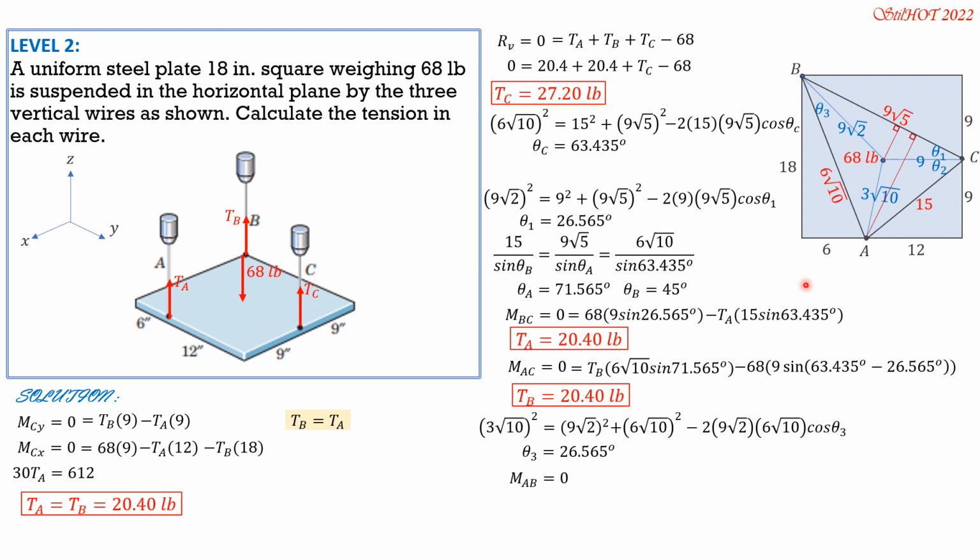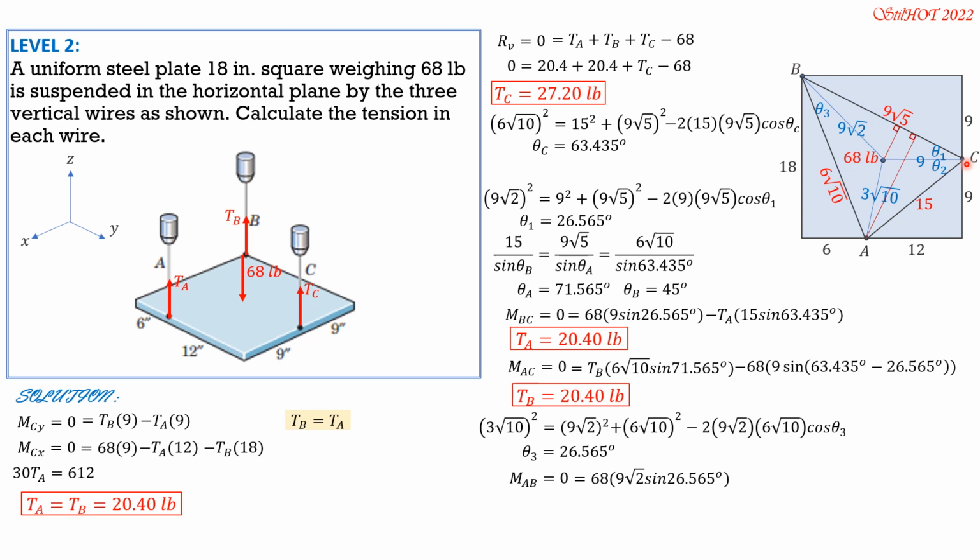So moment about AB equals 0, so it is equal to 68 times this distance, which is 9√2 sine of theta 3, this perpendicular distance here. So it is hypotenuse 9√2 sine of theta 3.